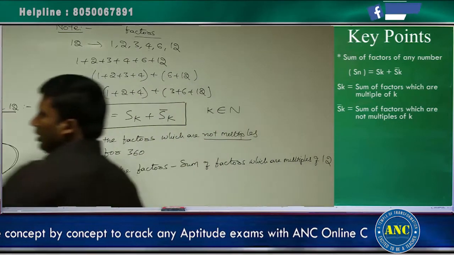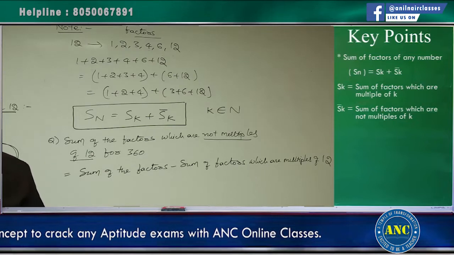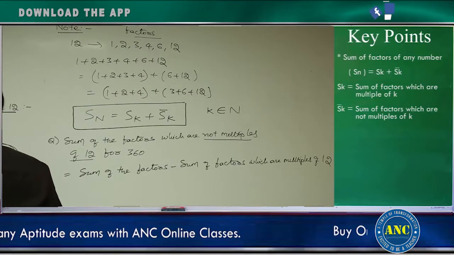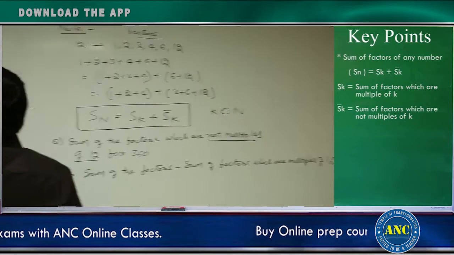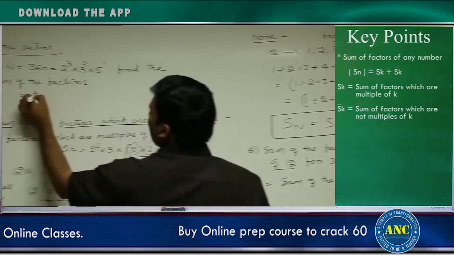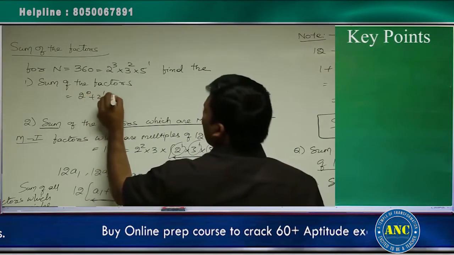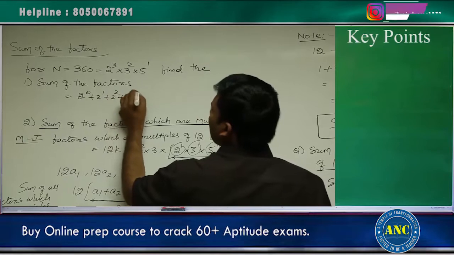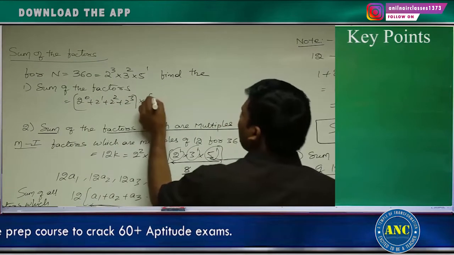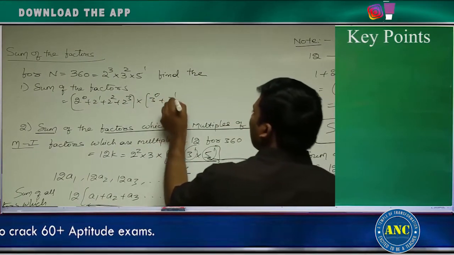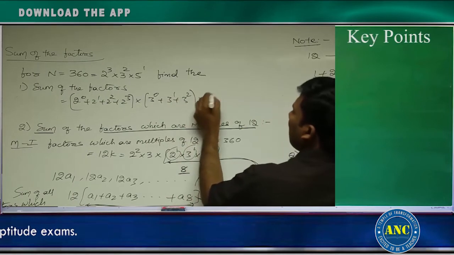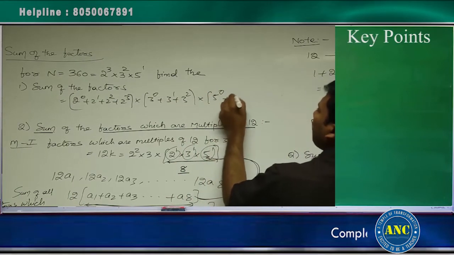Let me write down here. If I call one as sum of the factors, the answer will be 2 power 0, 2 power 1, 2 power 2, 2 power 3. This answer will be 3 power 0, 3 power 1, 3 power 2. This answer will be 5 power 0 plus 5 power 1.